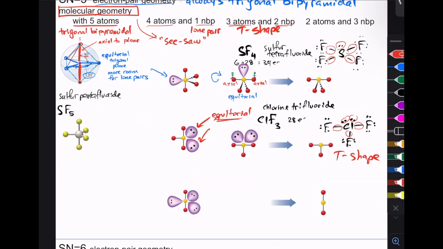Right, there's one more shape to consider here when we now have 3 lone pairs and 2 bonded atoms. In this case, all will be in the equatorial plane. So all lone pairs.